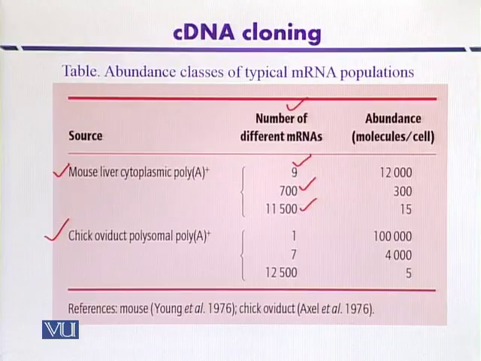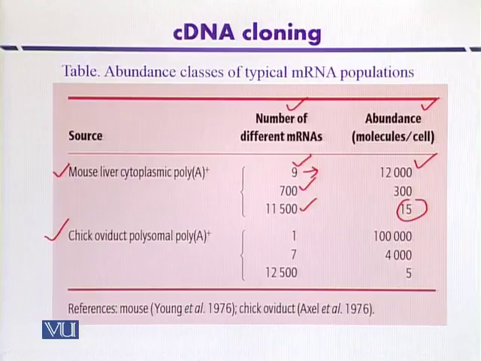The next column indicates the abundance of molecules per cell. The first class, containing 9 different types of messenger RNA, may have an abundance of 12,000 per cell, so it is highly abundant. For the last one, it is 15 molecules per cell, which is appropriate for constructing a cDNA library.